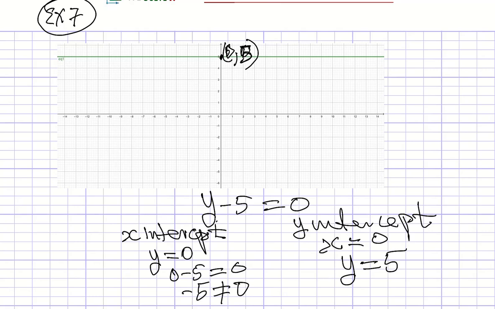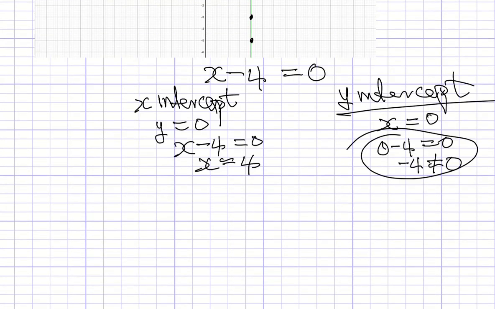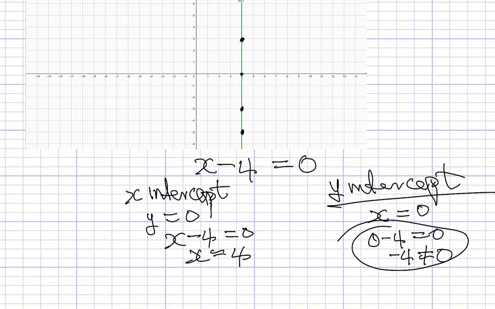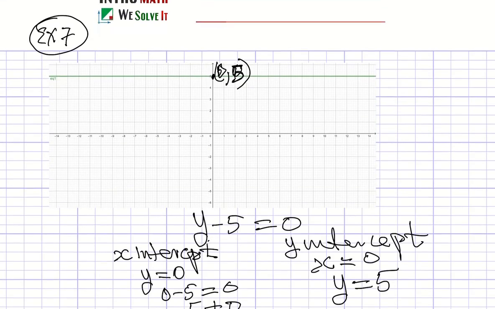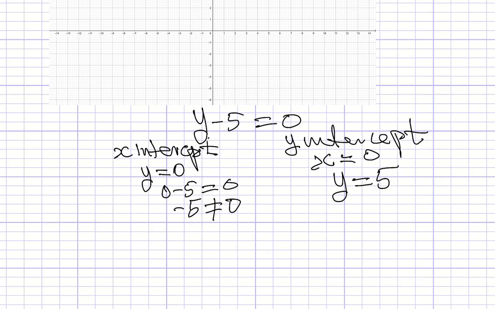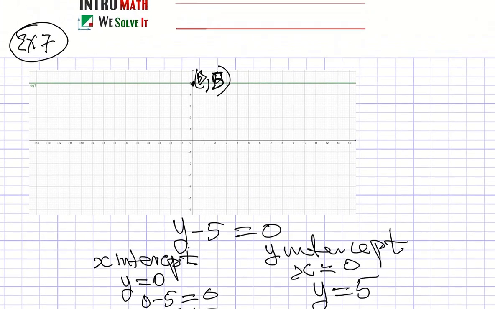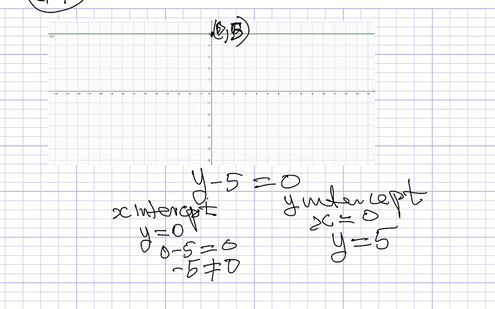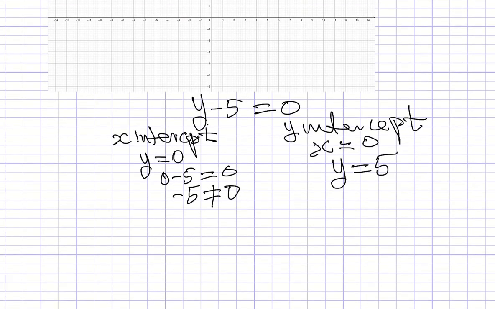So it's y equals 5. You draw that through there. You just put your ruler through that line and draw it, just the way you did for x equals a number, x equals 4. You do the same thing with the vertical line. But anyway, this is all I have for you today.